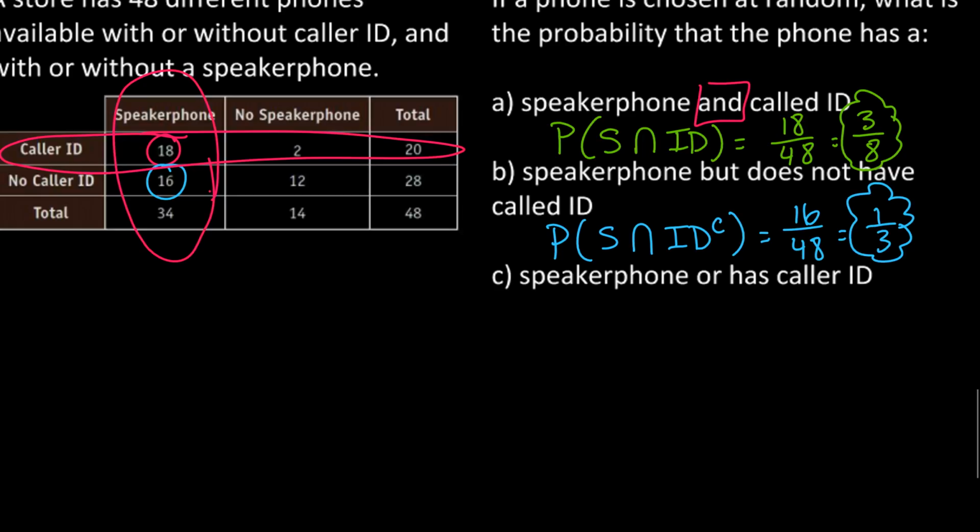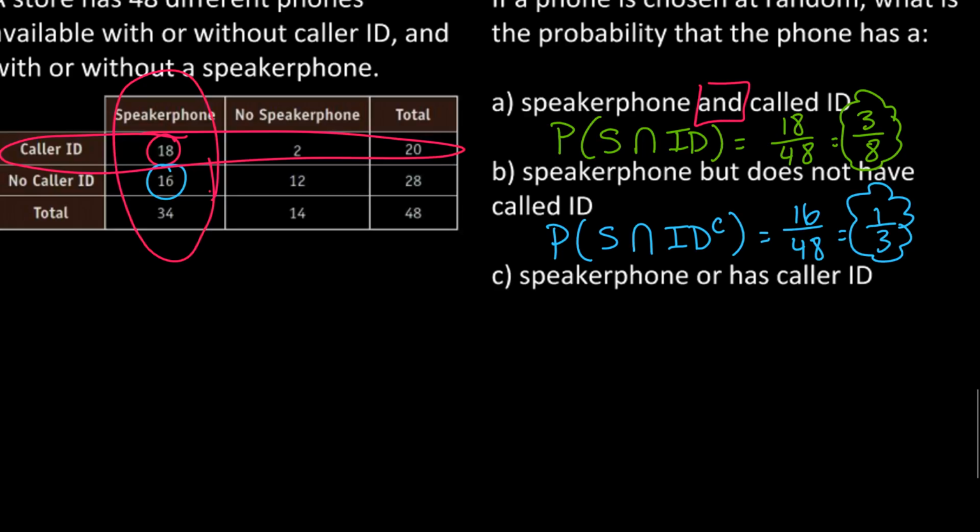So a common mistake would be to say, oh, it's 54 out of 48. What did I do wrong? You added the caller ID, speakerphone, and no speakerphone. So when I say 34 plus 20 and get 54, what am I actually including twice? I'm including the intersection. So this is why OR is kind of tricky.